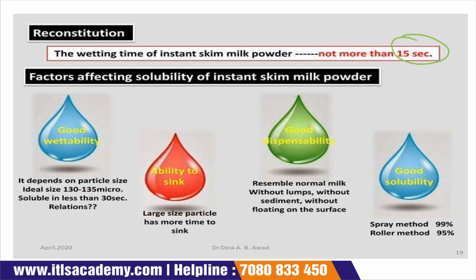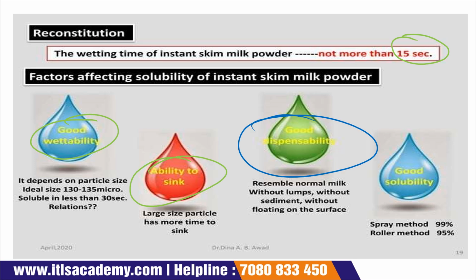Factors which affect the solubility of instant milk powder are good wettability, ability to sink, good dispersibility, and good solubility. Good wettability depends upon the particle size, which should be around 130 to 135 micron, and the solubility time is less than 30 seconds.